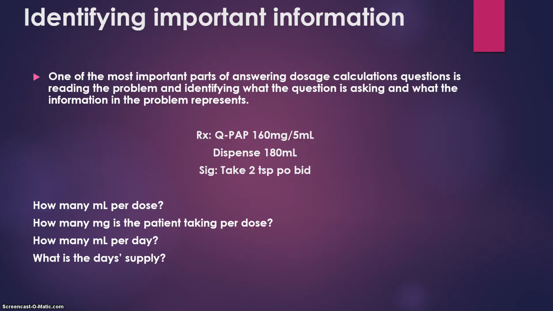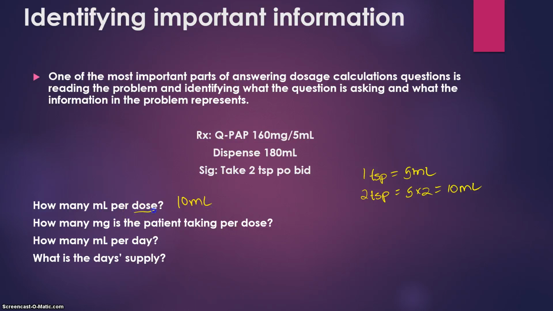So we look and we say for each dose they're taking 2 teaspoons. 1 teaspoon is equivalent to 5 ml. That means that 2 teaspoons is 5 times 2 equals 10 ml, right? So per dose, they're taking 10 ml.